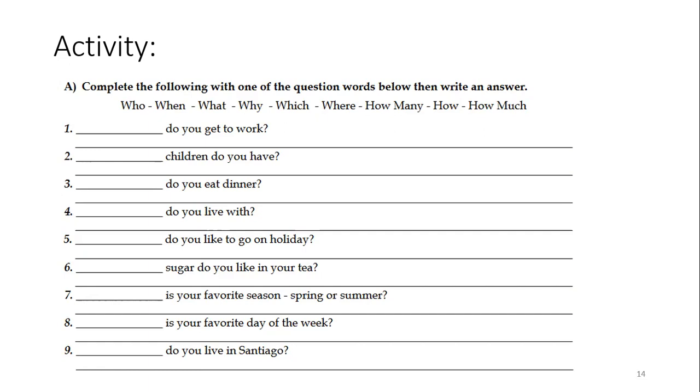It's countable, right? How much means it's uncountable. So sugar, can you count 1 sugar, 2 sugar? Likewise, can you count? No, right? So therefore, here we write how much sugar do you like in your tea? So students, I'm not going to write the answers here. I'm just discussing. Okay. Next one.